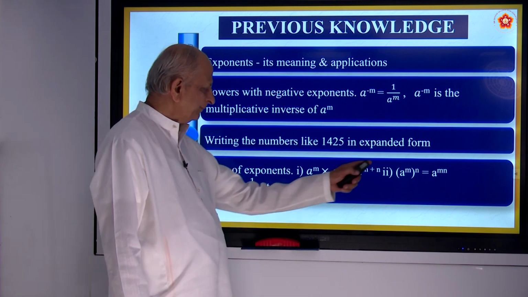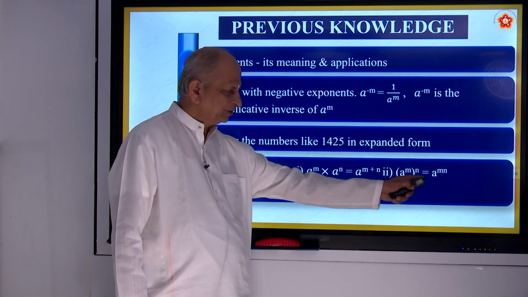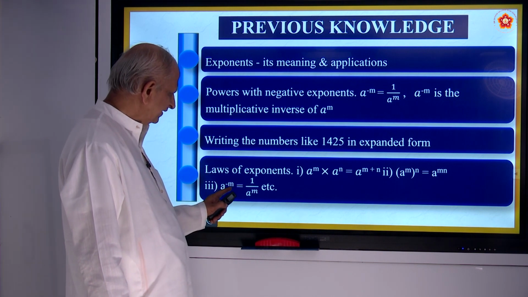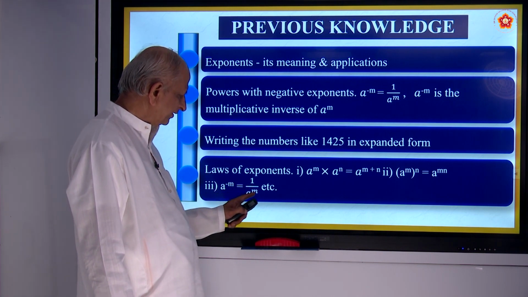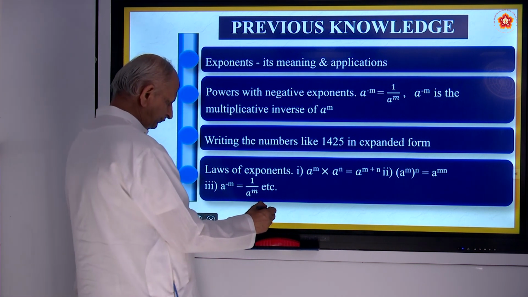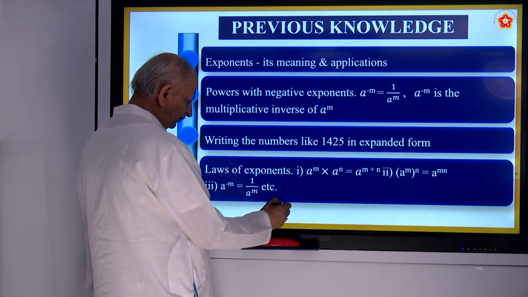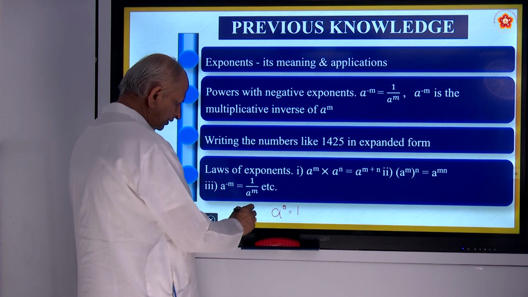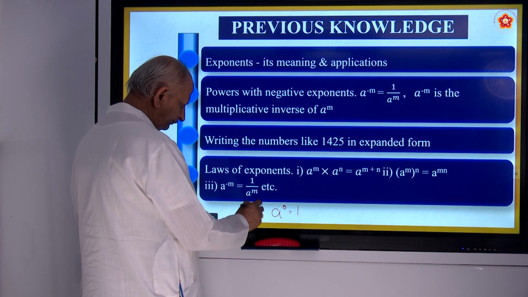Similarly, a to the power of m, the whole to the power of n, is equal to a to the power of mn, and a to the power of minus m is equal to 1 by a to the power of m. Still there are two more. See, a to the power of 0 is equal to 1. That is also one law.